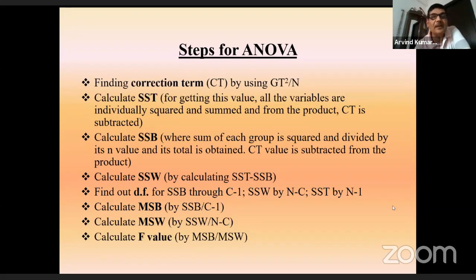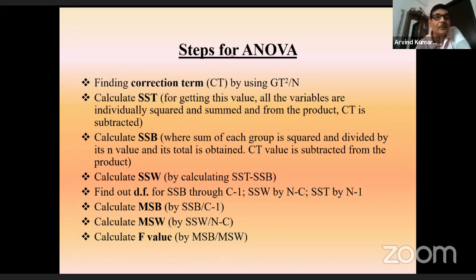So finding the correction term is the first step. In the correction term, what we do is GT squared divided by n. GT is the grand total. I just told you that the total of all the variables will be squared, and the product will be divided by the total number of individuals. So GT squared divided by n.